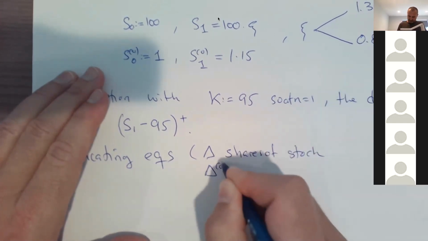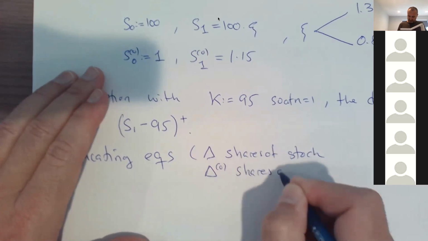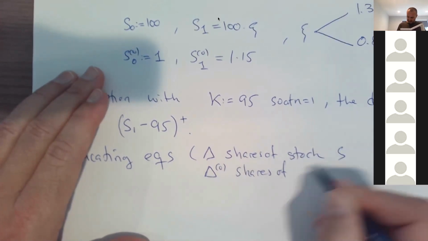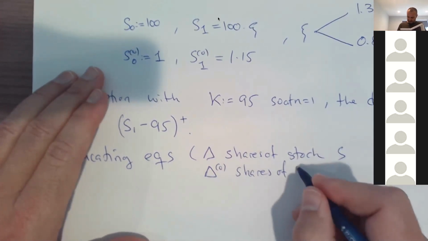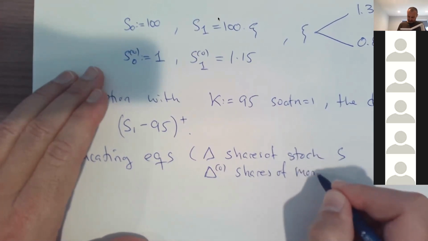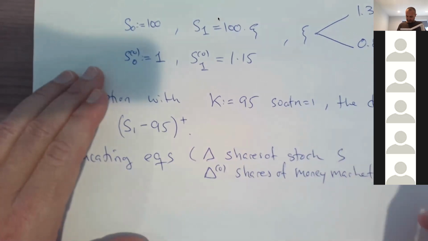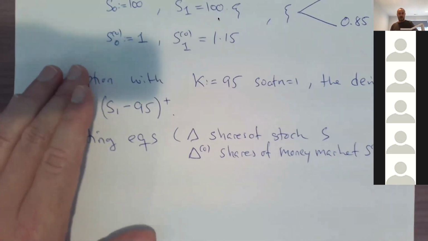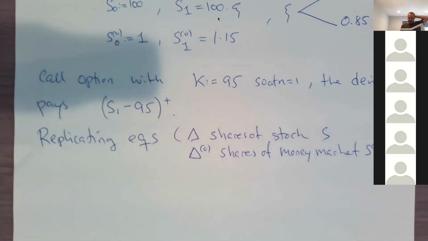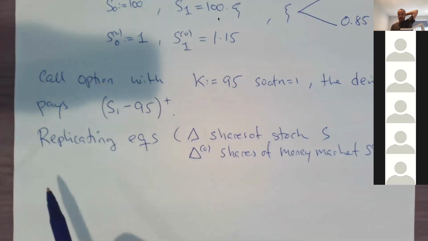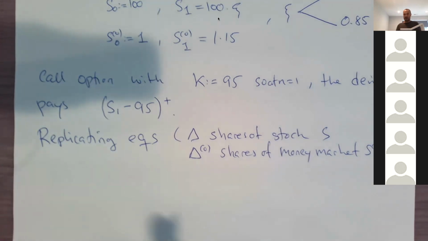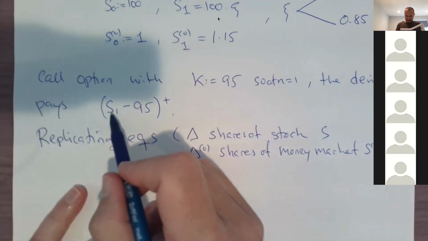We have delta 0 shares of the money market. And what we want to do is hit this option payoff. So on one hand we're going to have the portfolio, and on the other side of the equation, we're going to have the derivative. And let me put them on the same line. So S1.